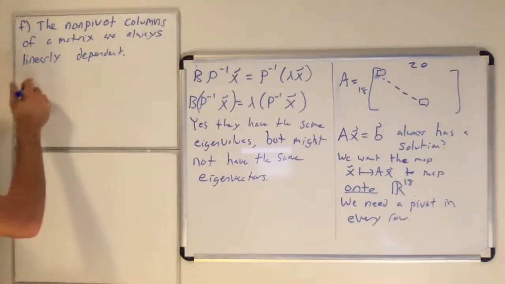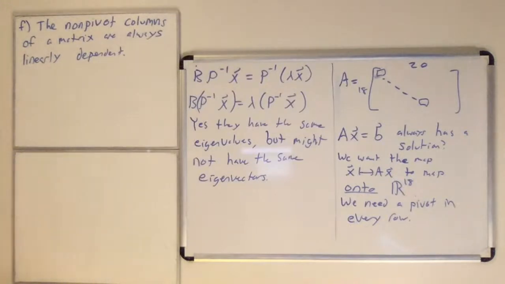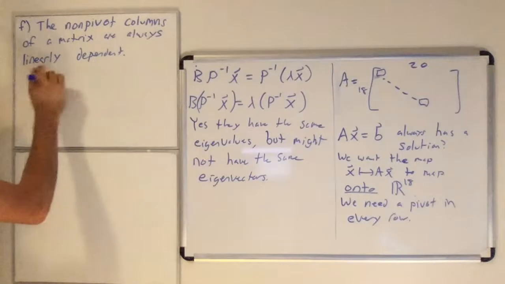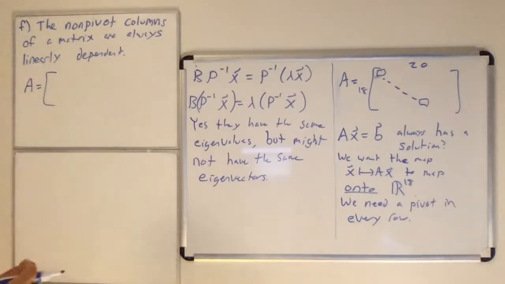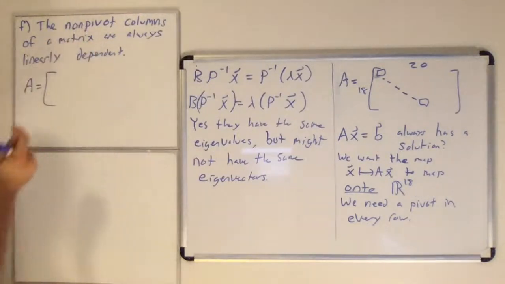Basically we just need to come up with a matrix which has linearly independent non-pivot columns.